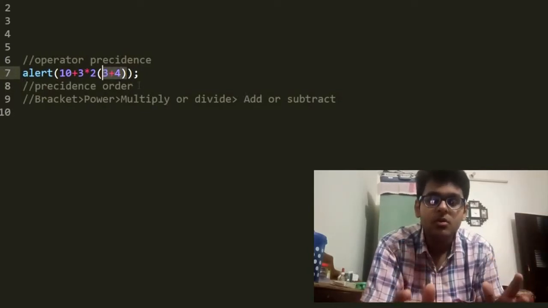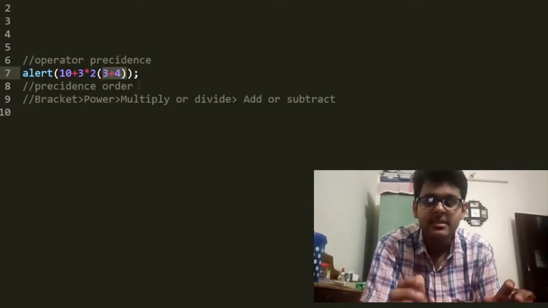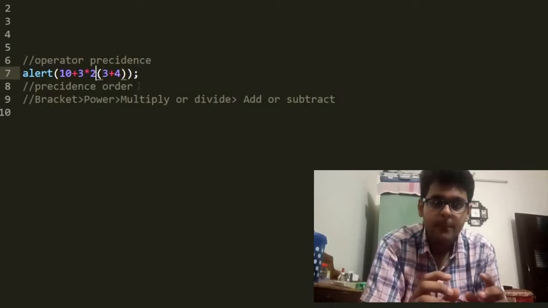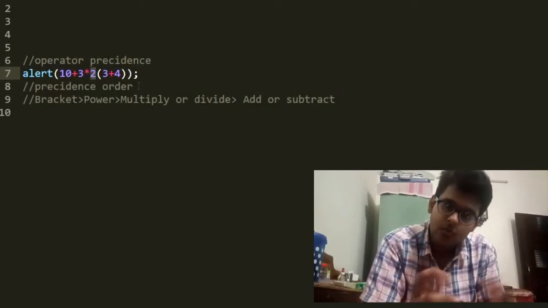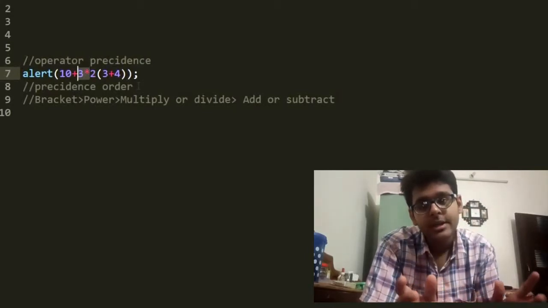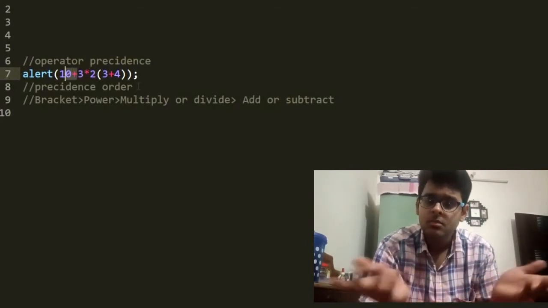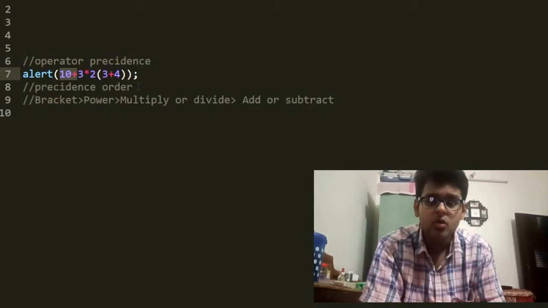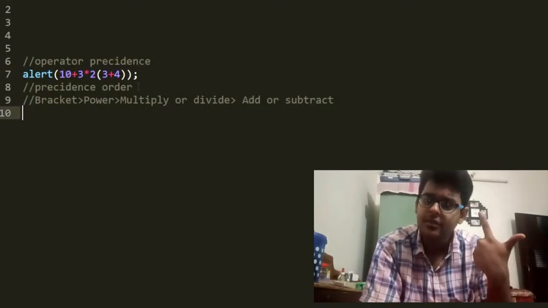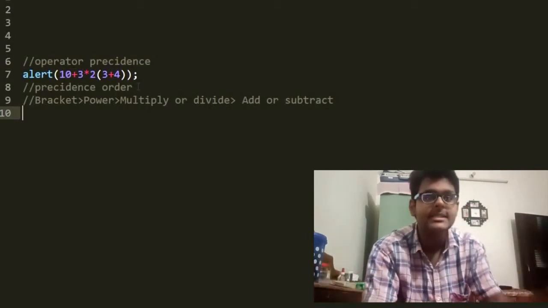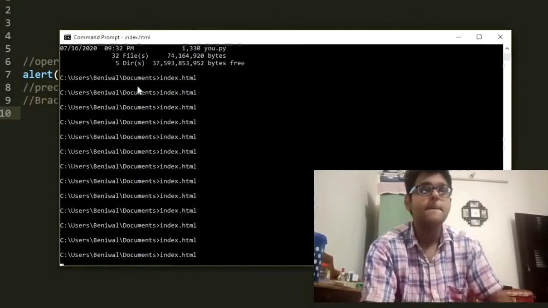More precedence goes to this bracket, so we got 3 plus 4, that is 7, multiplying with this 2 we got 14, and when 14 is multiplied with 3, 14 times 3 is 42, and when we add this 10, 42 plus 10, that is 52.